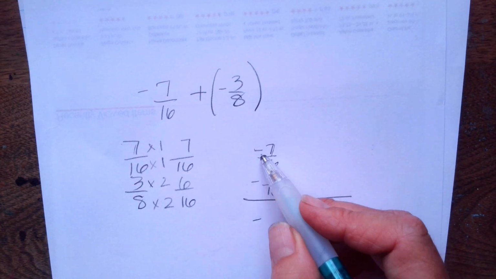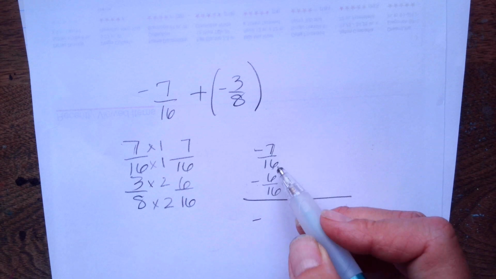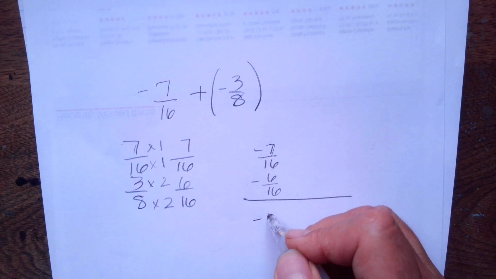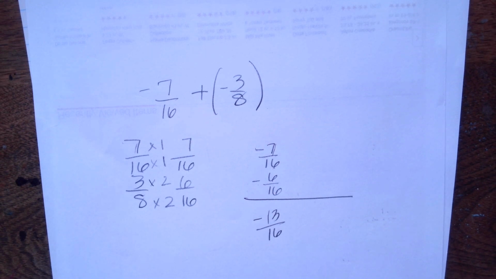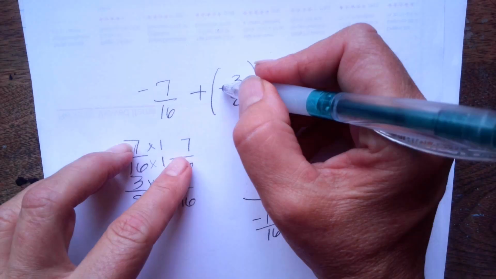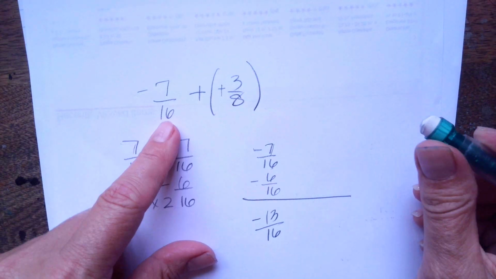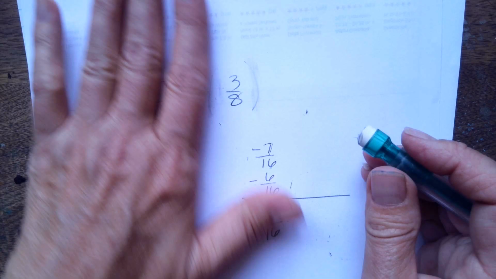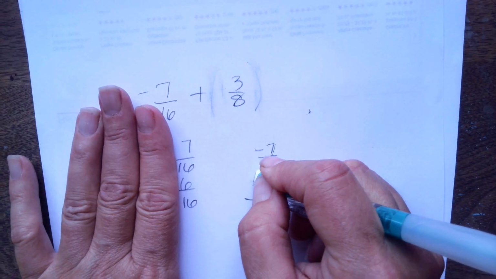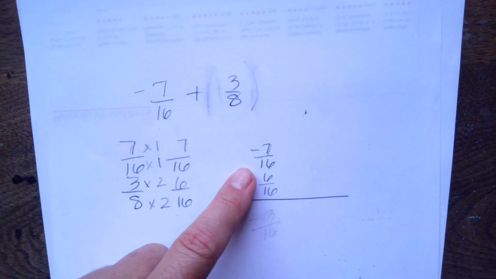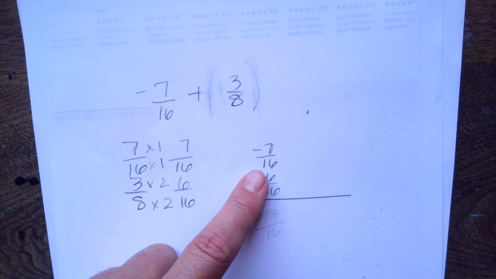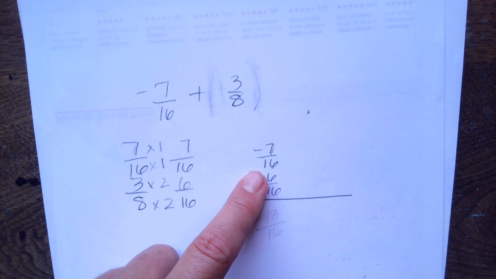And then we have a negative and a negative, so we add the numerators together. 7 plus 6 is 13 over 16. So it's negative 13/16. If this was a positive, so if it was 7/16 plus 3/8, then we would have biggest integer wins the sign. 7/16 is our, not integer, fraction.